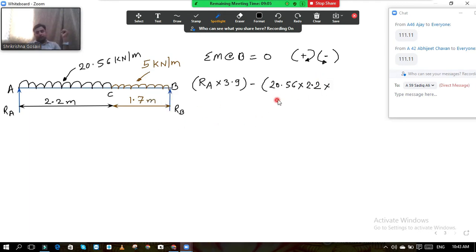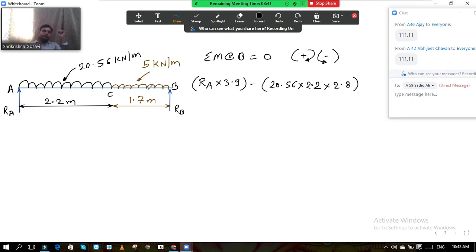Okay, so 20.56 into 2.2. Now if you convert this, it will act at the center. So from point B, this is 1.7 and this is 2.2, meaning 1.1. So 1.7 plus 1.1, how much is it? It is 2.8, am I right?